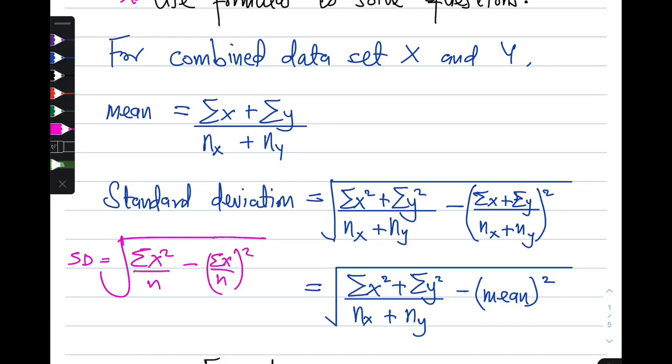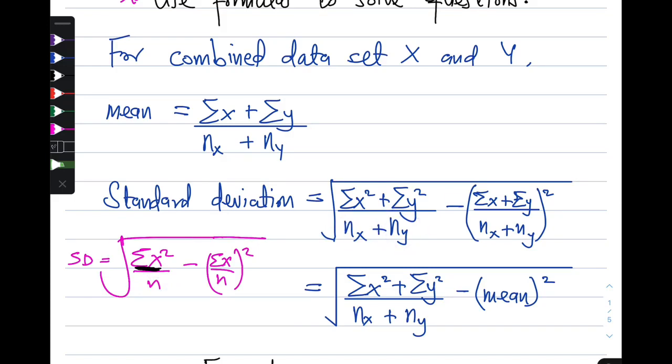It's the same argument, just that instead of sigma x, we are dealing with more than one observation, both x values and y values. That's why we have sigma x squared plus the second observation, sigma y squared. Then instead of n, we divide by the sum, the first n plus the second n.